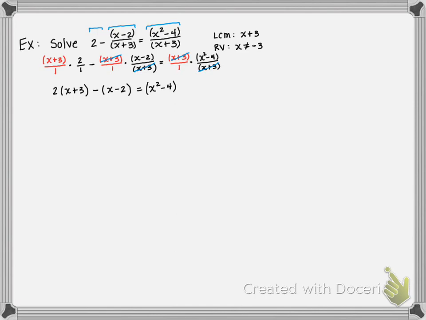So now we're ready to simplify the left side, so we'll distribute. And I can drop my parentheses on the right side because there's nothing to the left of that leftmost parenthesis that needs to be distributed.